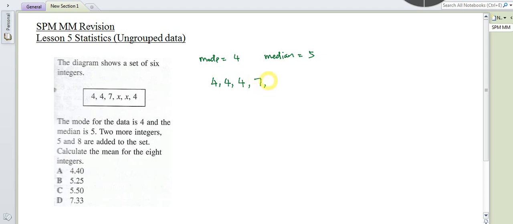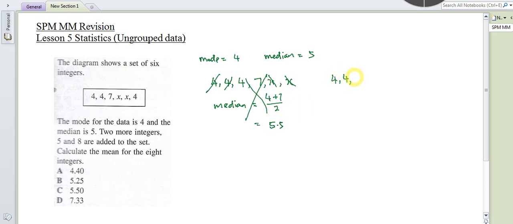If I place the 2 x's over here, the median will be 4 plus 7 divided by 2, which is 5.5. But the question tells us that the median is 5. So we know that this is not a correct arrangement, so we need to change it.